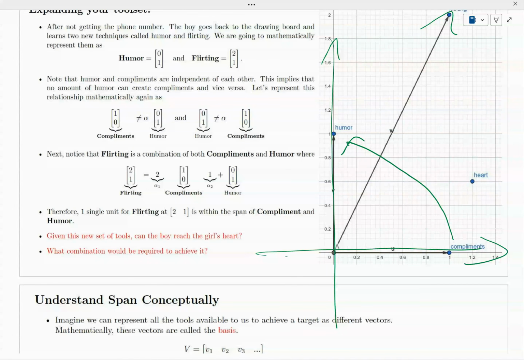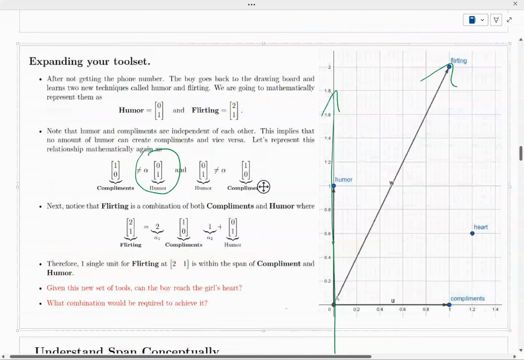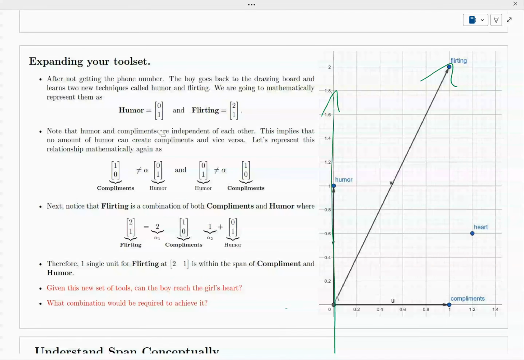Those two are distinct concepts. No matter how you extend or stretch humor, you can never create a compliment. Vice versa, this vector multiplied by any alpha can never achieve humor.